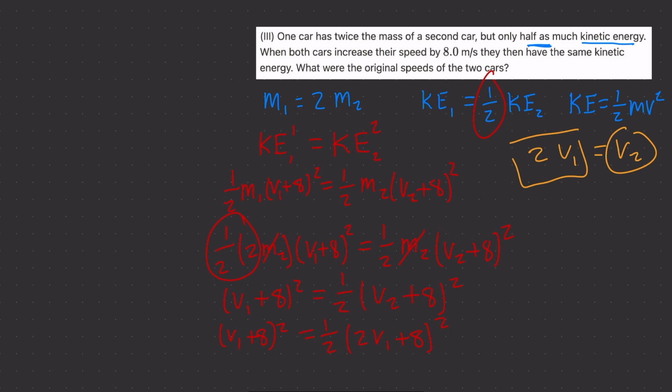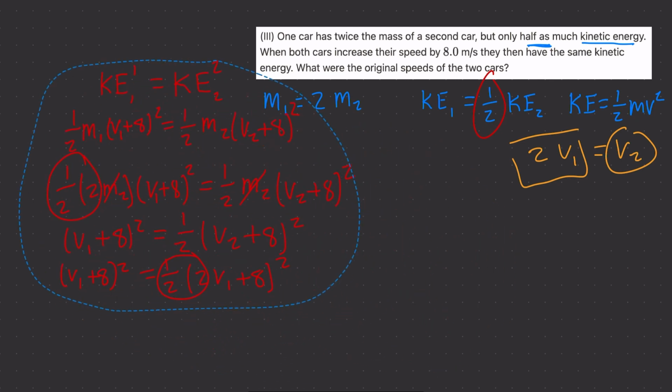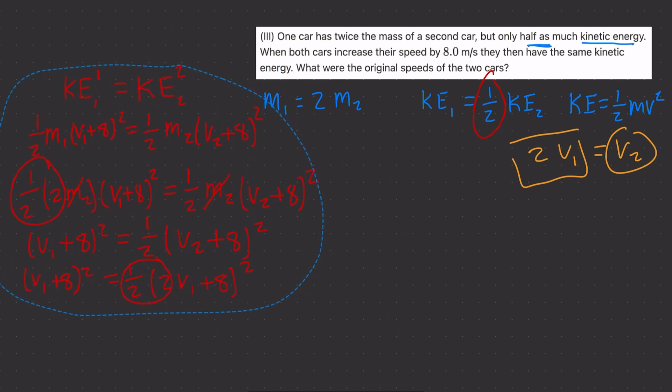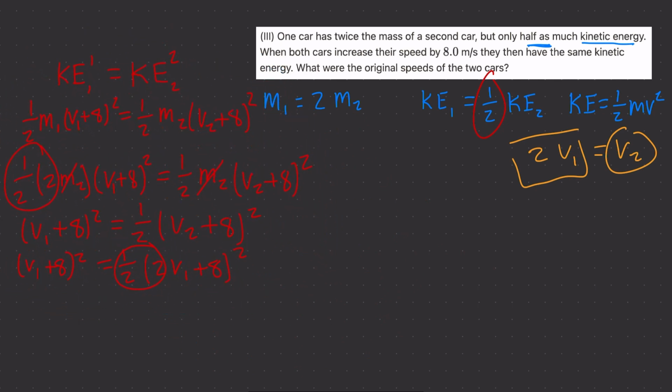All right, because now I can cancel that. And let's move this up a little bit so that we can keep working. Now that I can cancel that 1/2 and that 2, or actually, no, I can't quite cancel that 1/2 and that 2 just yet.